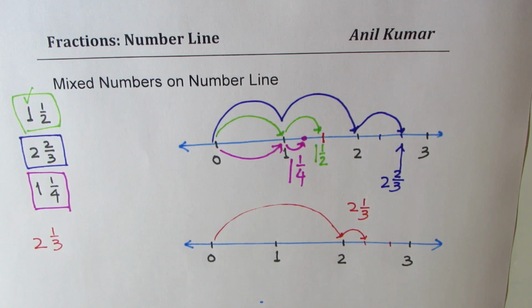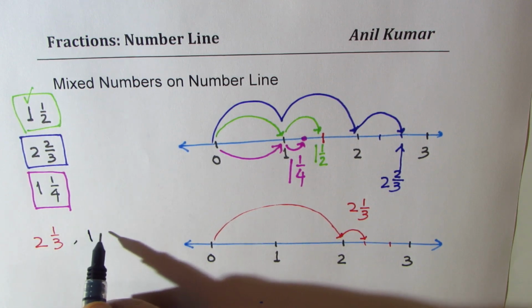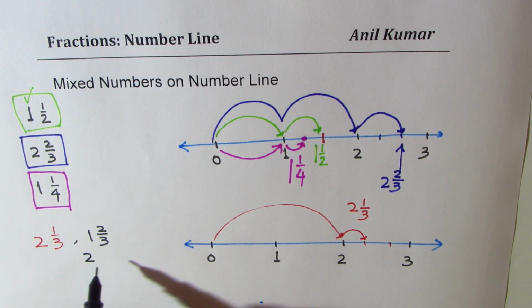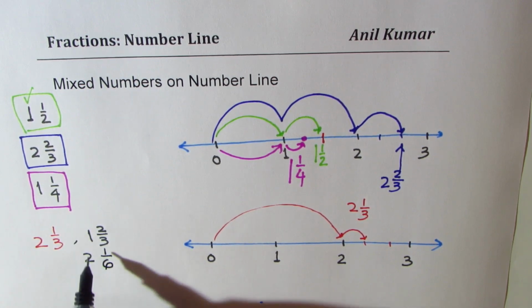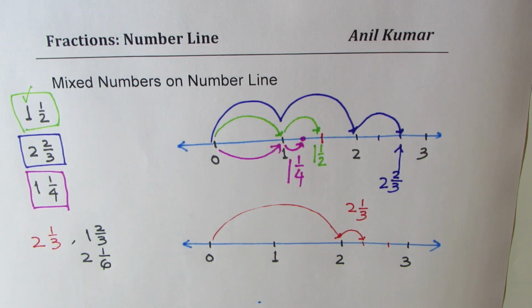So try this practice with some more numbers. Let's do 1, 2 over 3 and 2, 1 over 6. So I'd like you to place these two numbers on this number line. Let me do the last one, 2, 1 over 6. How do you get 1/6?